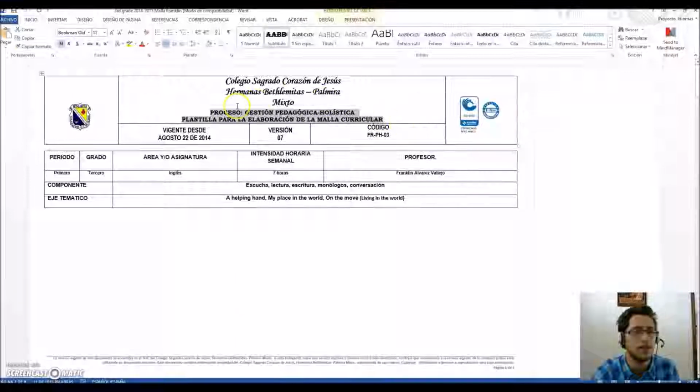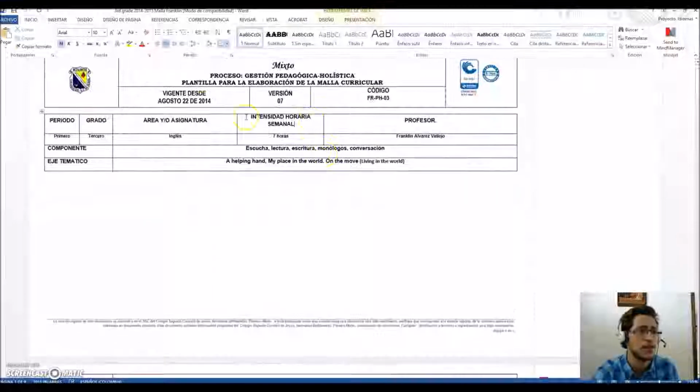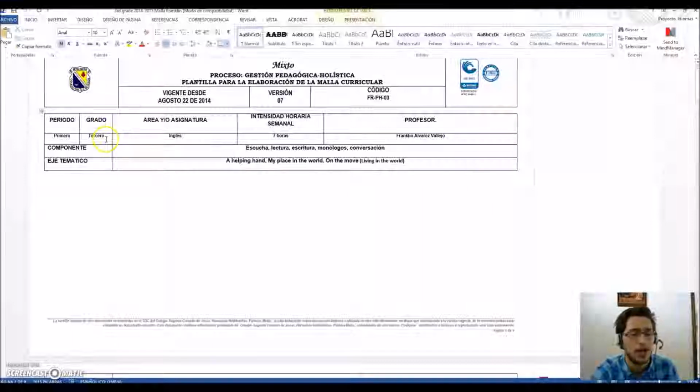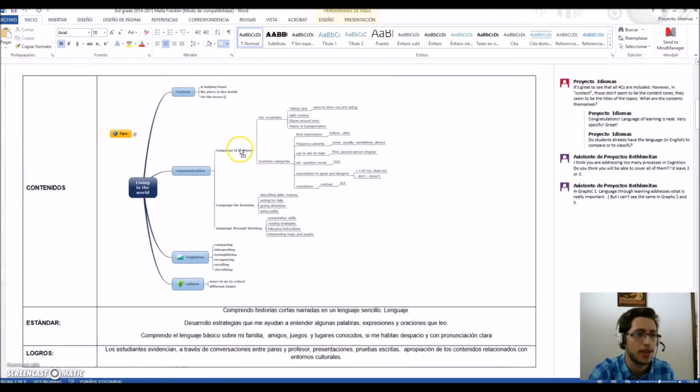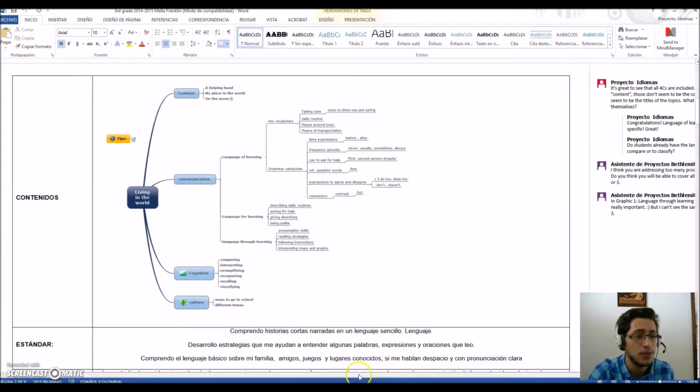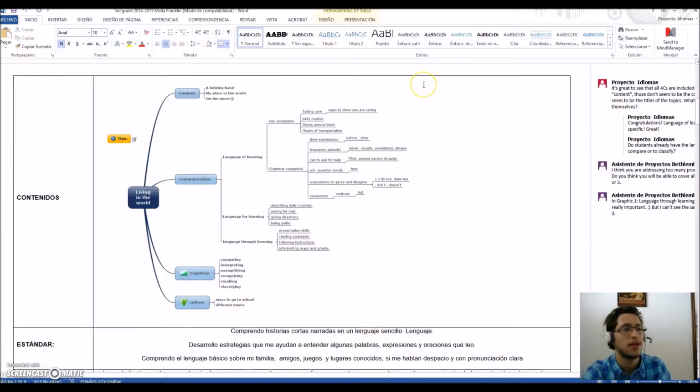As you can see, Bethlehemite sisters, Palmira, they have their own structure. They say the term, the grade, the subject, the teacher. But what we actually want to emphasize here is that they have this map. The idea is that you make this map that has the 4Cs.